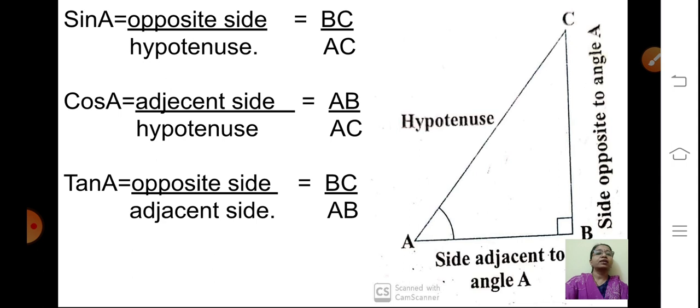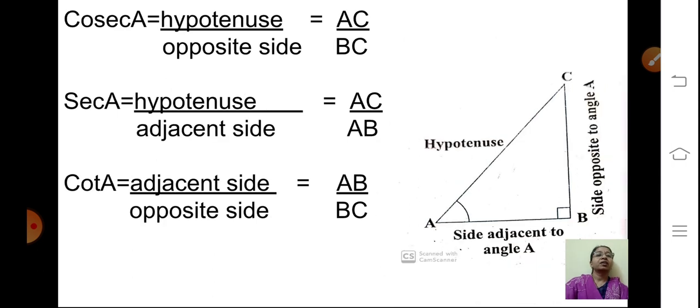So with respect to angle A, opposite side is BC upon AC. Now definition of cos A: adjacent side upon hypotenuse, that is AB upon AC. Tan A is opposite side upon adjacent side, that is equal to BC upon AB.